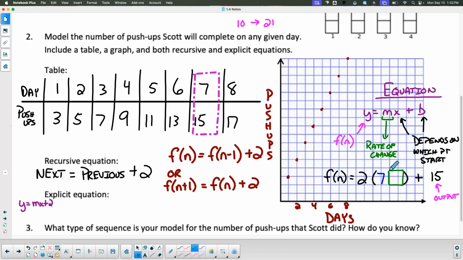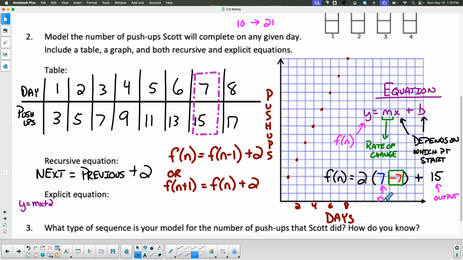So I have to make this be 0. I'm going to subtract 7 there. With me? Now, to make my equation, I'm just going to change that 7 right there into n, because that was my input.